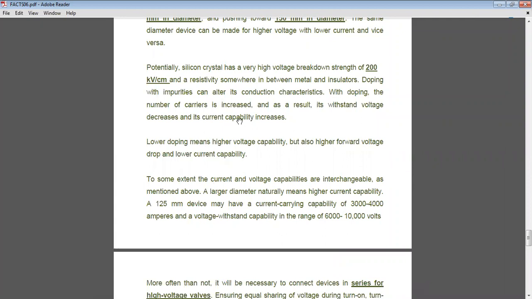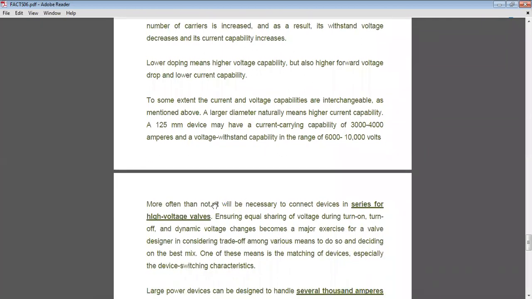So this is enough, but there is a compromise. In a circuit you require hundreds, thousands of volts, and it is only 6k to 10k here, with 3k to 4k currents possible.